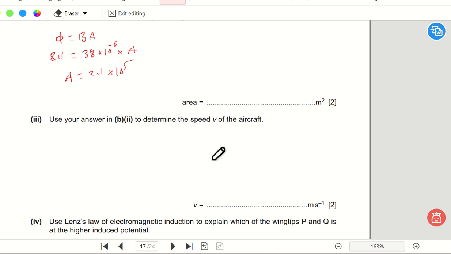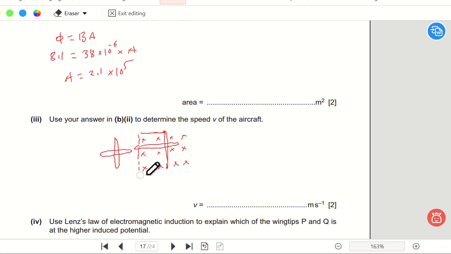Use your answer to determine v. So here is the plan. As it cuts the field lines or the flux, suppose it reaches some position here. This side moves from the beginning to this point and makes an area. This area equals the length between the tips of the wings times the distance traveled.